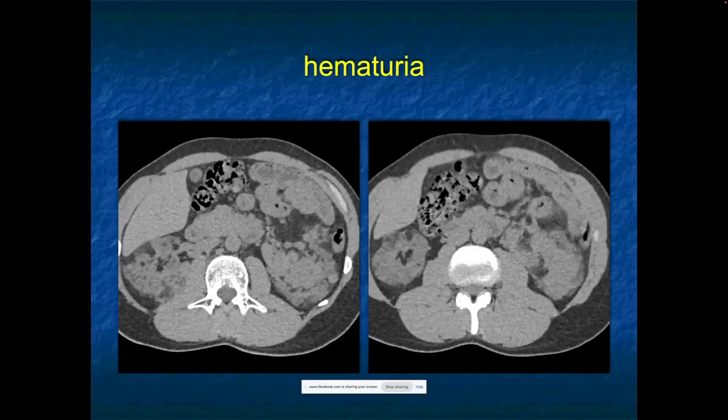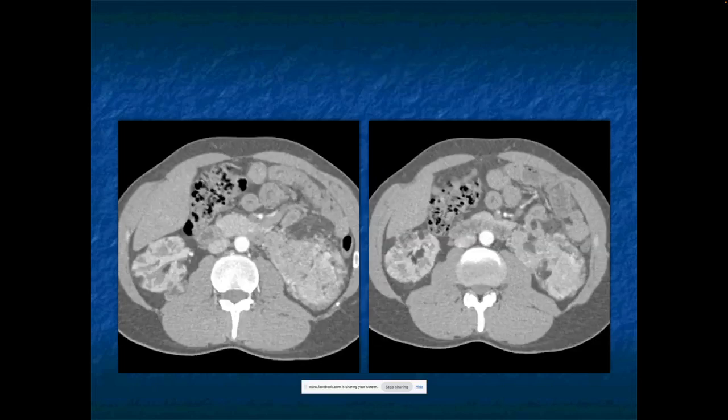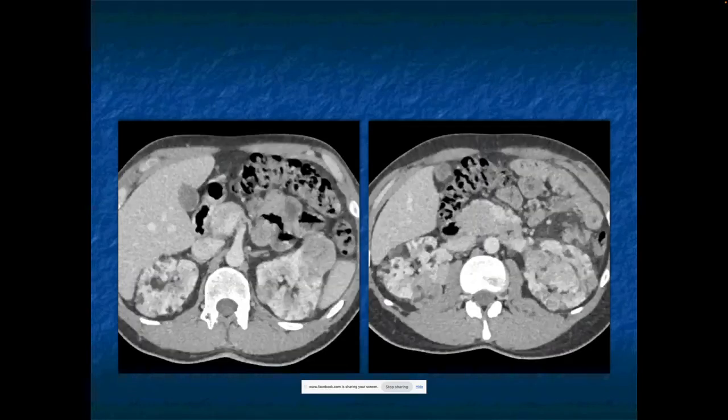Okay, next case, hematuria. What you see here is multiple masses in the kidneys bilaterally, and there are multiple areas of macroscopic fat present. You can see the kidneys are fairly vascular, particularly the left kidney. And what we're looking at really is multiple fatty tumors and non-fatty tumors.